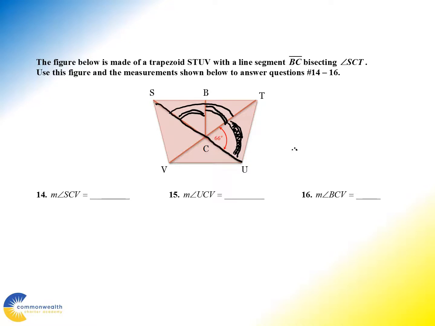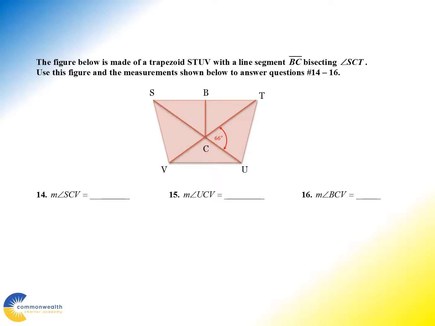So I know that these three angles, UCT, TCB, and SCB would all total 180. I also know that angle VCU would total 180 along with angle TCU as well. So I can see which ones are supplementary because I can see which ones are linear pairs. So that's the way I approach this problem.